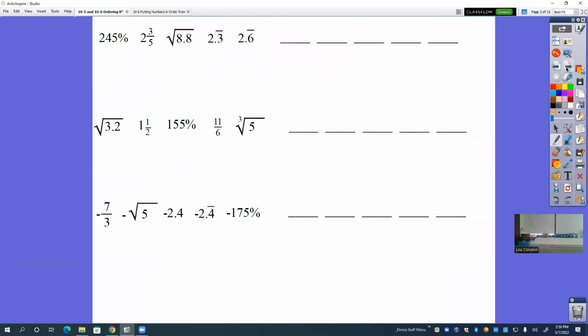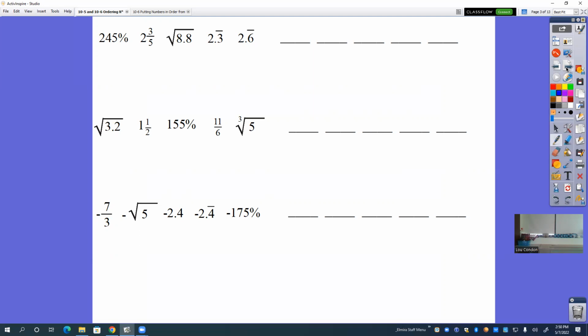Okay. And then we have, and this is more of the Lesson 6 part of what you'll do tomorrow after you're done watching your videos, you'll convert the different types of numbers into decimals, and then you will put them in order.